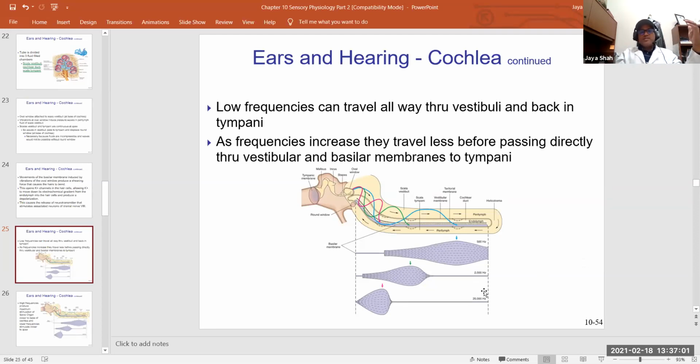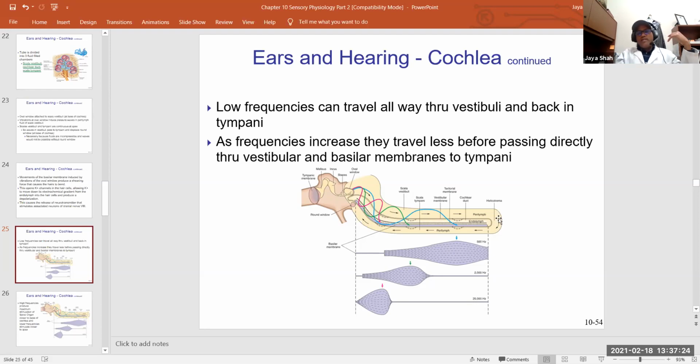So now, we have two frequencies of sound. Sound frequency is measured in hertz, you see. If you have a very shrill sound, that is high frequency, like 20,000 hertz. If you have a hoarse voice, very rough, that is low frequency, like 50 hertz.